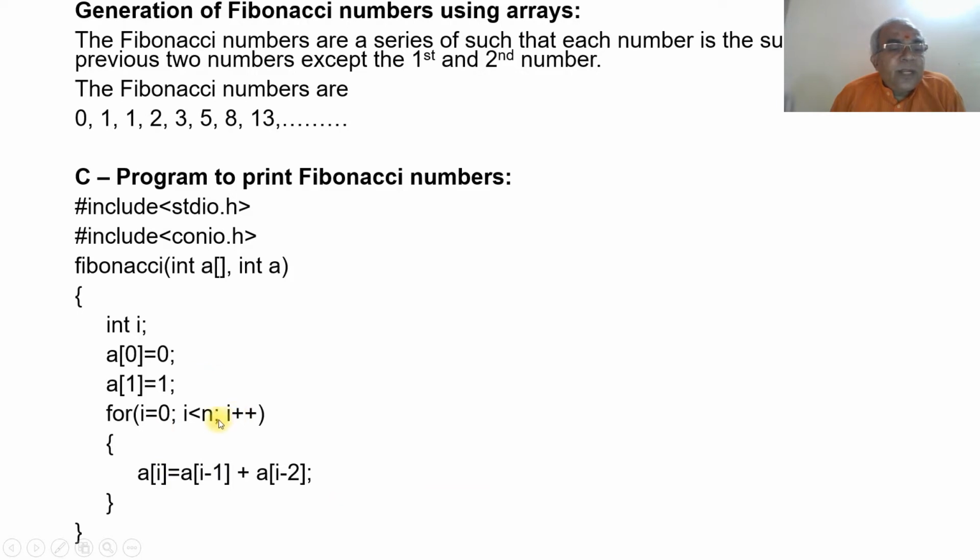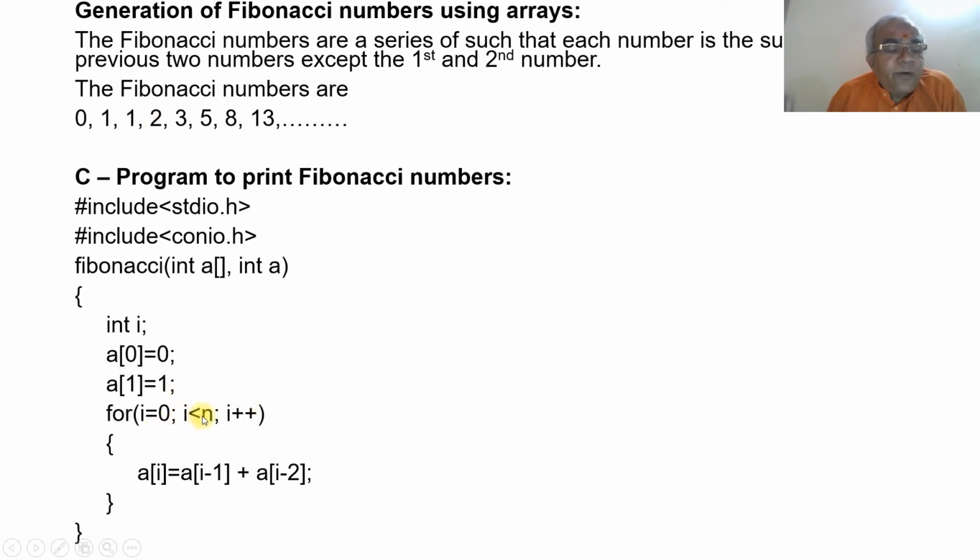Then 2 plus 1 becomes 3. Is 3 less than 5? Yes. Then a[3] will be equal to a[3-1], which is a[2], plus a[3-2], which is a[1]. So a[3] is 2 plus 1, which becomes 3. So 0, 1, 2, 3 you are going to get. Then once you increment, 3 plus 1 becomes 4.